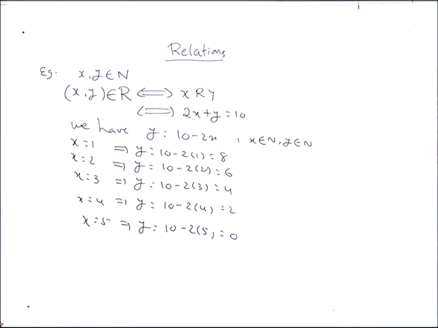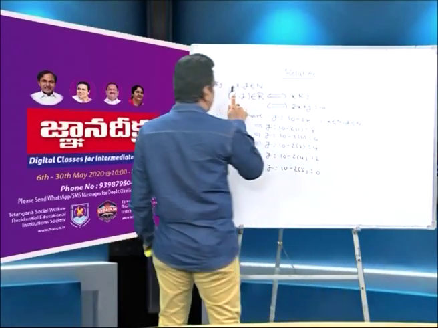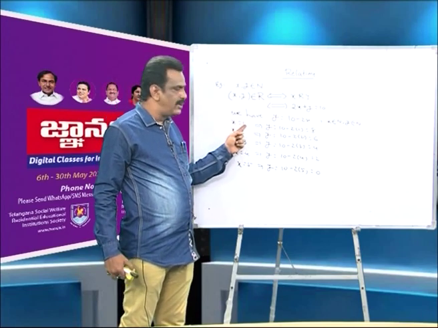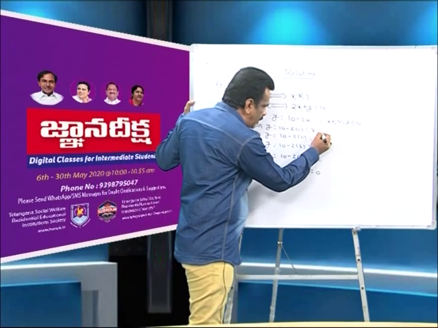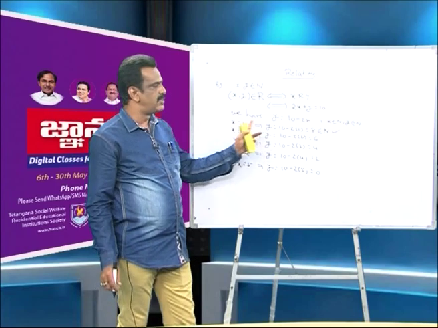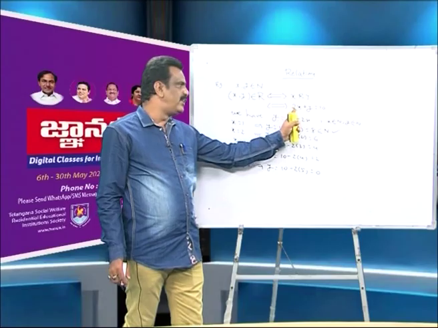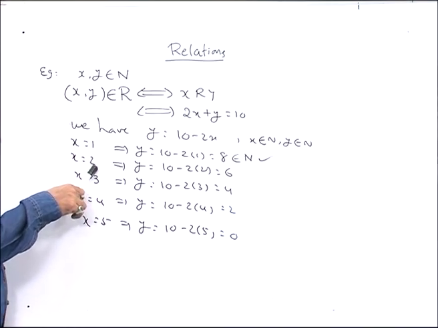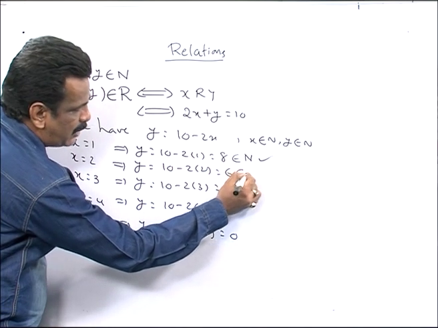Now identify here, according to the assumption, x and y must be natural numbers. So x is taking value 1, which is a positive integer or natural number. What about y? y is found 8, it is also a natural number, and hence we can accept the pair 1 comma 8. 1 and 8 are connected under the relation defined by 2x plus y equal to 10. Now x equal to 2 is also a positive integer. The corresponding y is found 6, which is also a natural number.